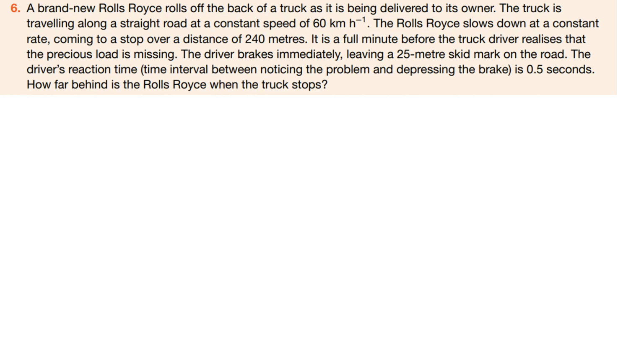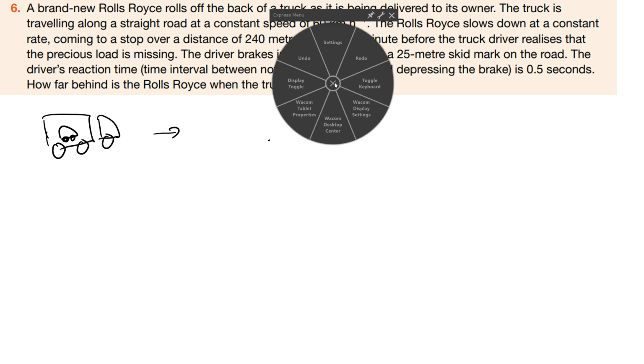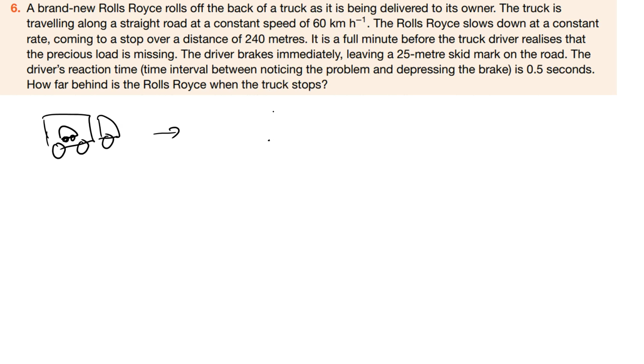So for me, the key to this is the distance we need. Let's draw a picture real quick. So the idea is we've got the truck and we've got the Rolls Royce in the truck, and then later on we have this situation. We have the point where the car rolls out of the truck.